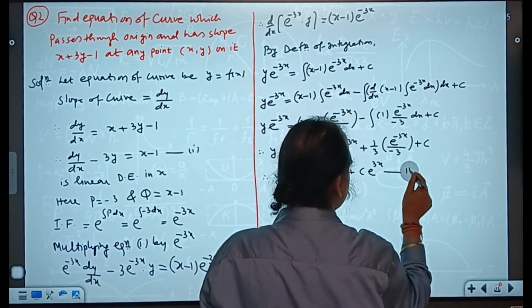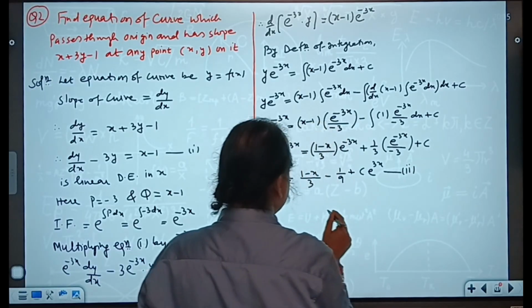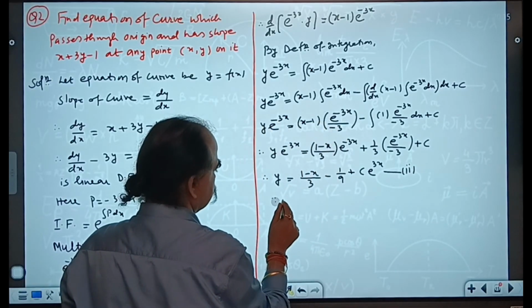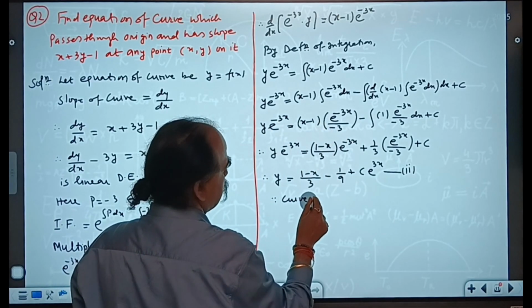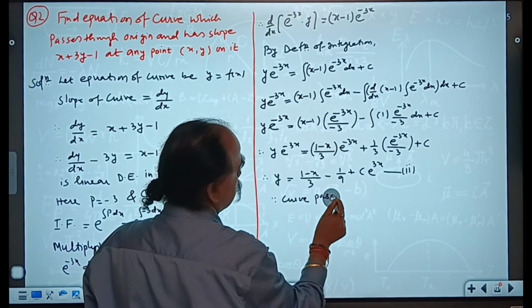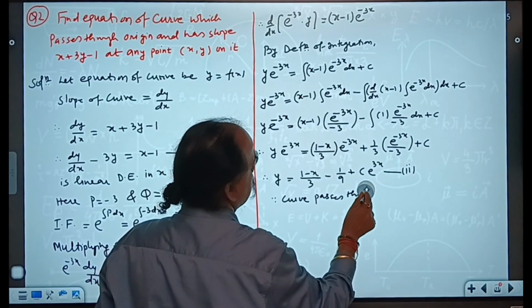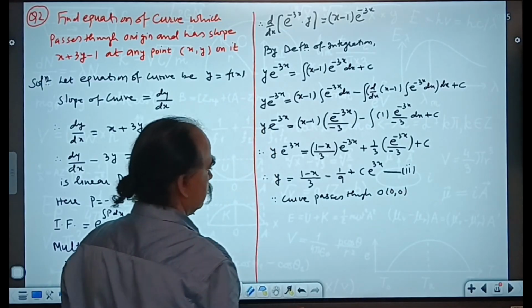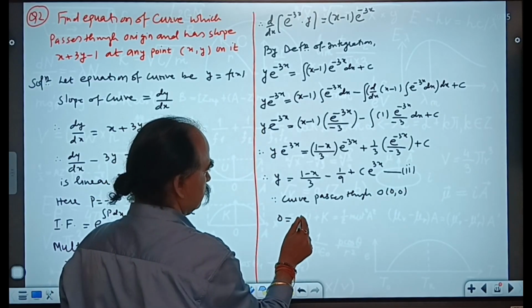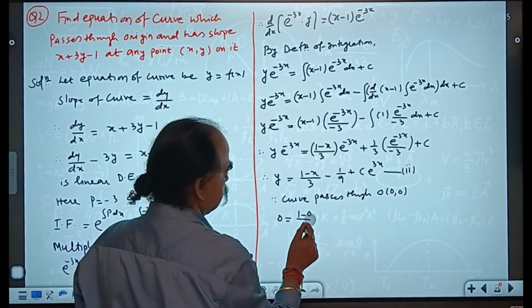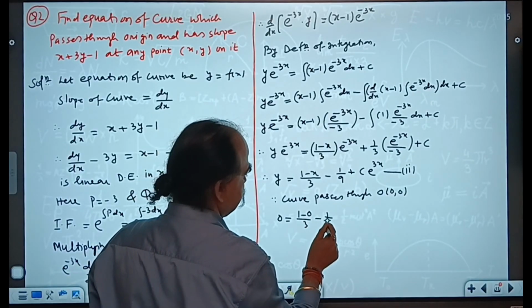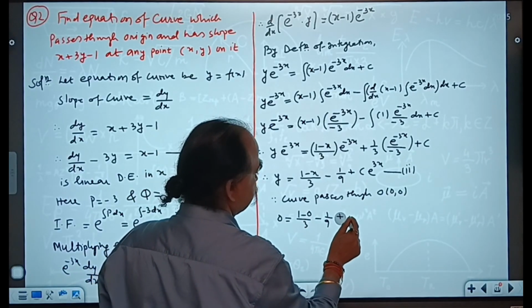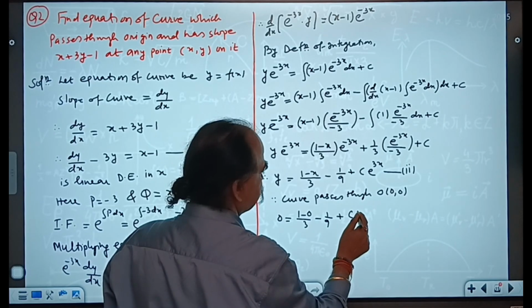Equation number 2. Since the curve passes through 0, 0, therefore 0 is equal to 1 minus 0 upon 3 minus 1 by 9 plus c into e raised to 0, which is 1.